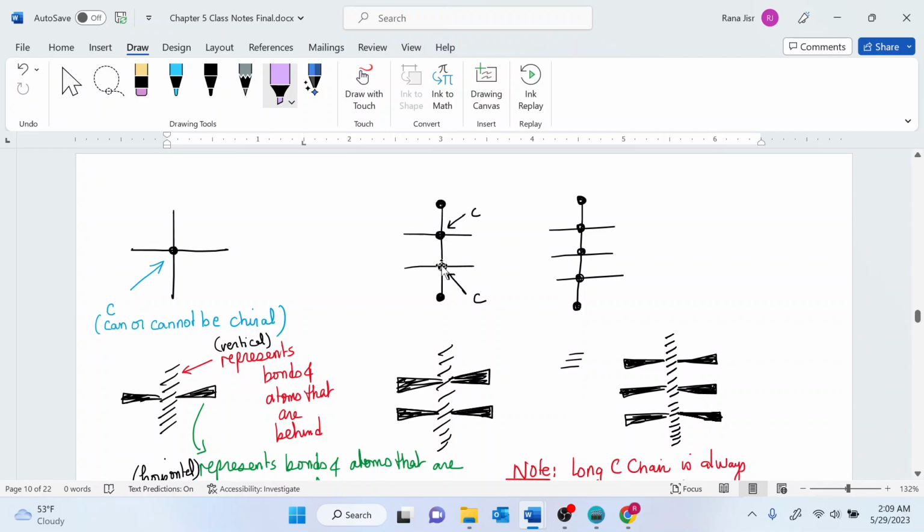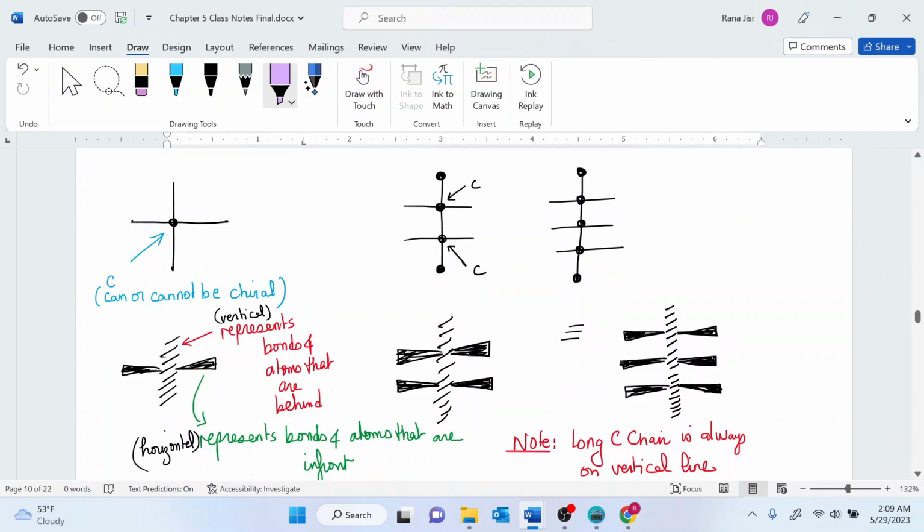The vertical line means that it's kind of similar to eclipsed. Any group that is on the vertical line is behind, and any group that is on the horizontal line is in front. So a Fischer projection like this is the same as this structure here.